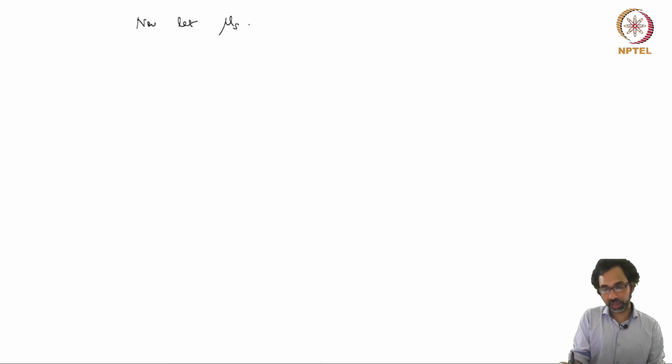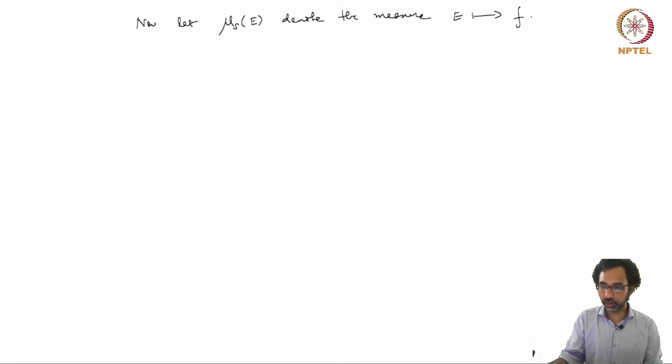Now let mu_s of E denote the measure obtained by associating with a measurable set E the integral of s d mu.